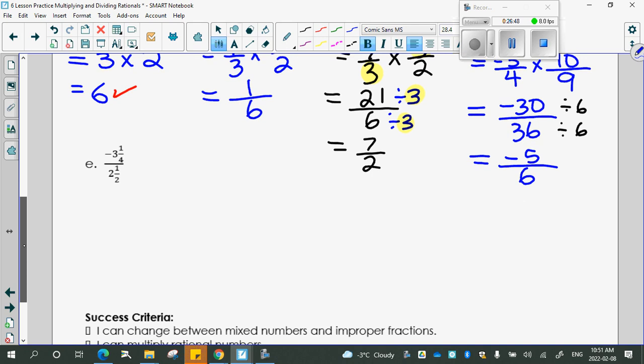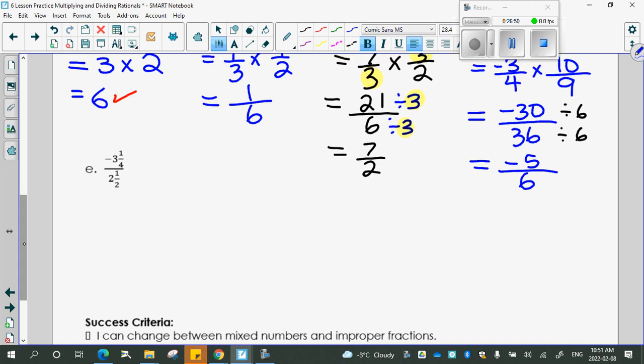And our last one here, it's got everything involved in it. It's got the mixed numbers, the vertical divide sign. So if I was doing this one, I would probably start off by changing each of my mixed numbers to improper fractions.